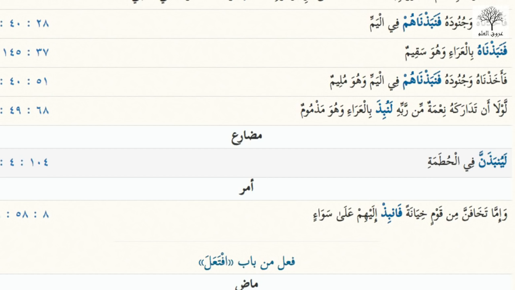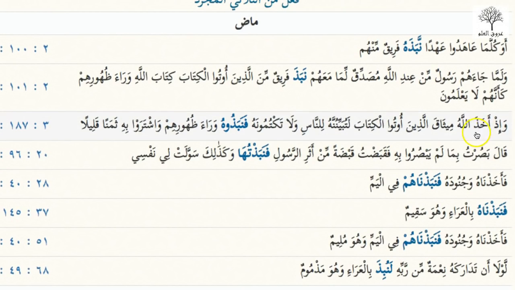You can see that meaning of randomness, having no care for them, into the hutama. Hutama is the name of the Jahannam which smashes things up. La yumbadhanna fil hutama. Okay, so those are the verses.